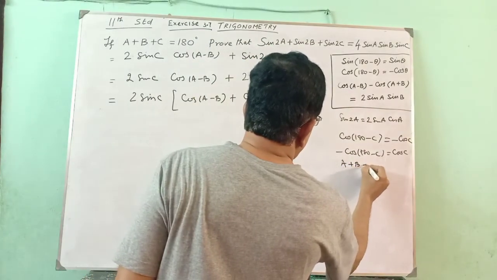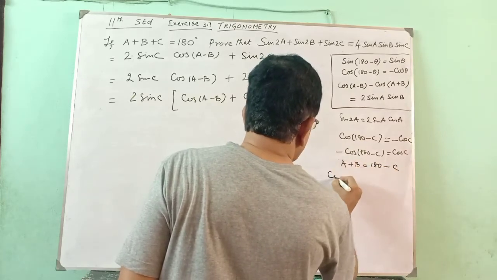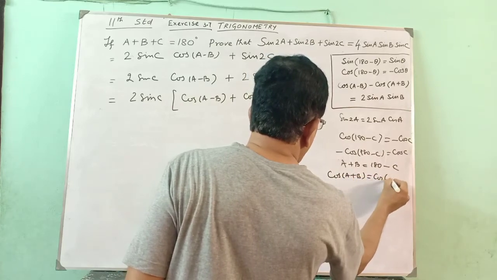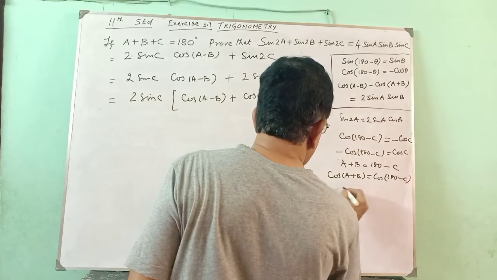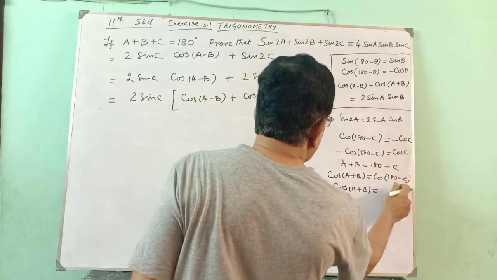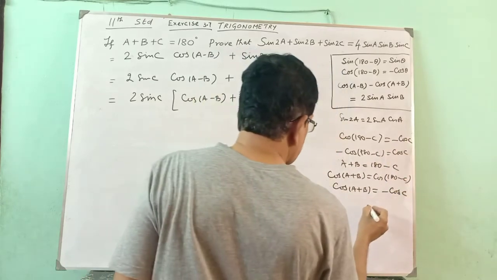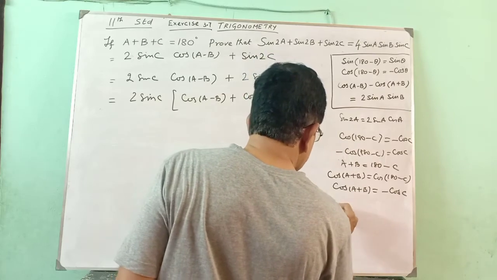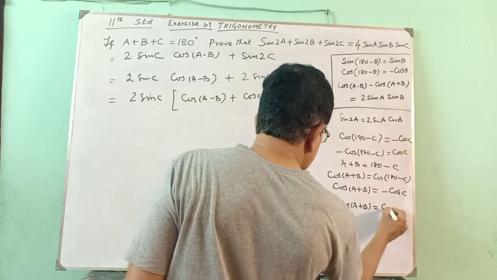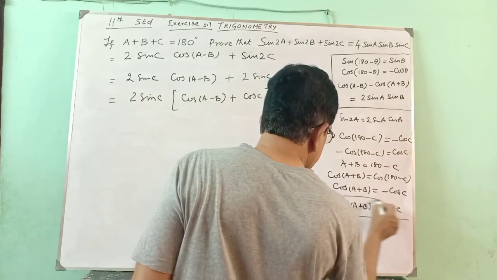A plus B is equal to 180 minus C. Applying cos on both sides, cos(A plus B) is equal to cos(180 minus C), which is minus cos C. So cos C is equal to minus cos(A plus B).